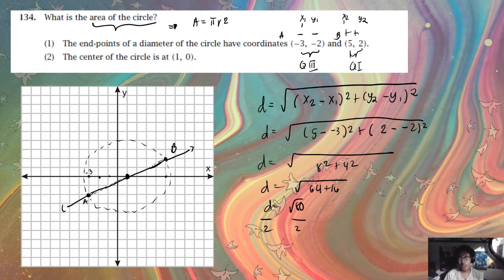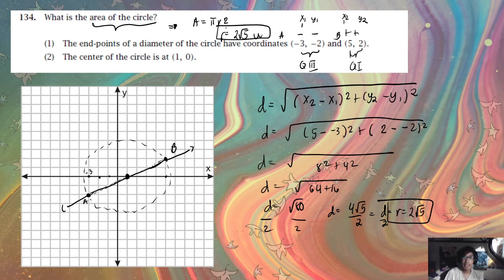So the distance is the square root of 80, which is 4 square root of 5, divided by 2, which is d over 2, the radius, which is 2 square root of 5. So you already have the value for the radius: 2 square root of 5 units.